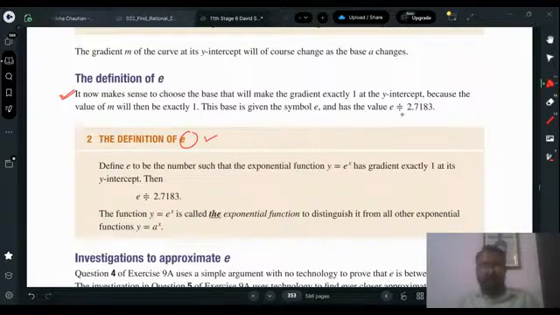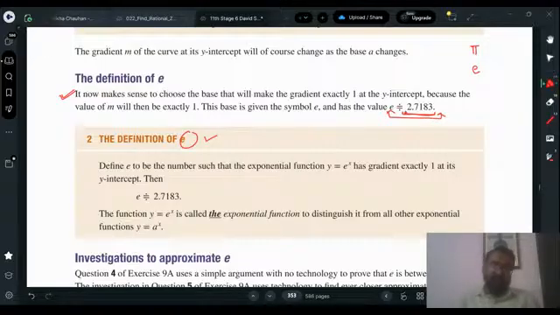This is the base value where the function gives the gradient equal to 1, which is 2.7183. It's a mathematical constant, just like pi. So this is e. It is our exponential, e power 1. When x is equal to 1, the value is e, so e power 1 is 2.7183.